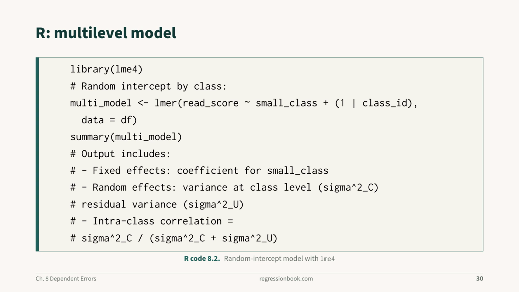The multi-level alternative in R is the mixed model package, a random intercept by class, written in one formula with the group syntax in parentheses. The summary returns the fixed effect coefficient for small classes alongside the class level and residual variances, and the ratio of those two variances is the intra-class correlation, the quantity that drove the design effect earlier.